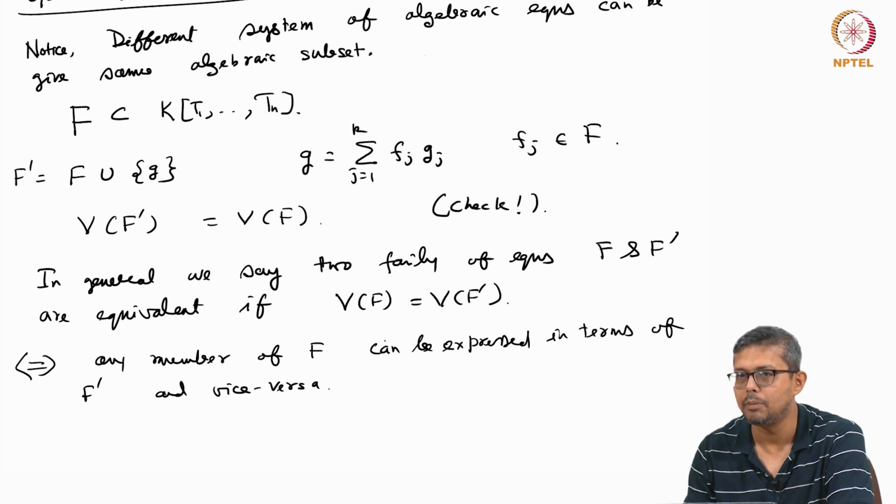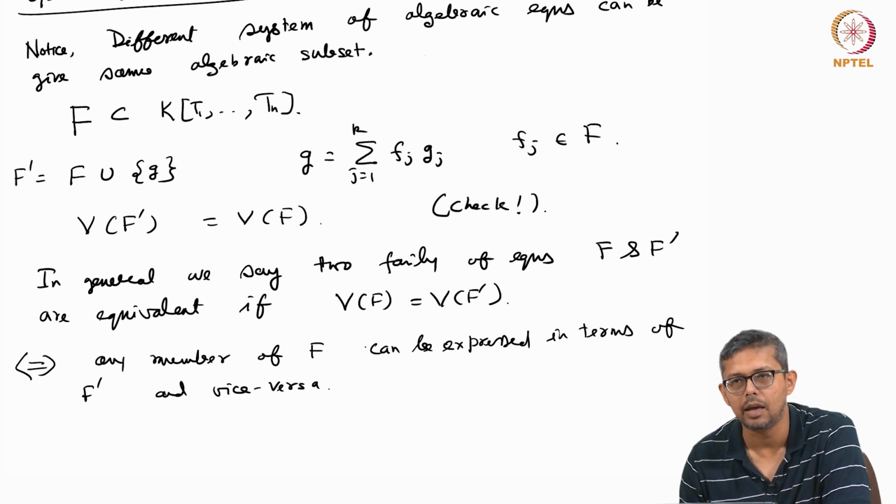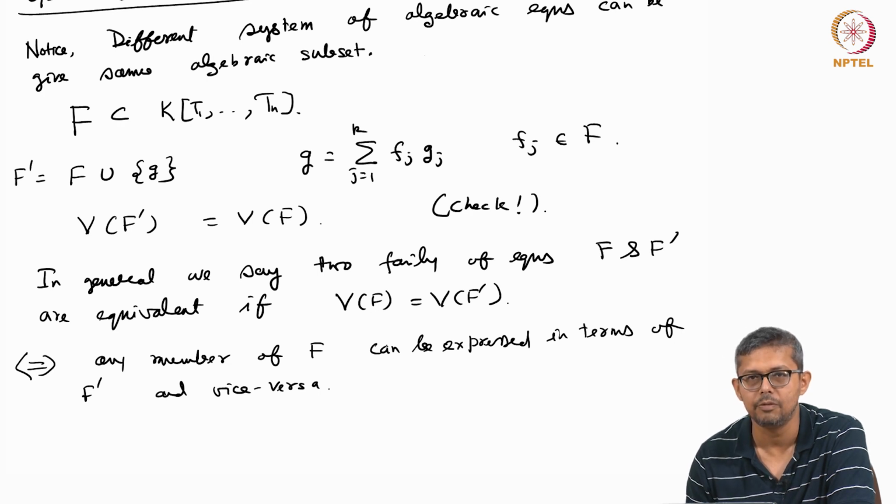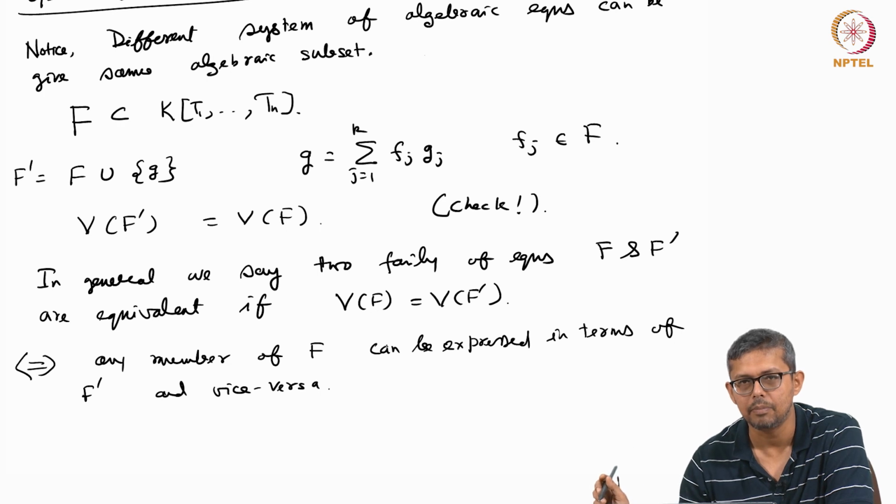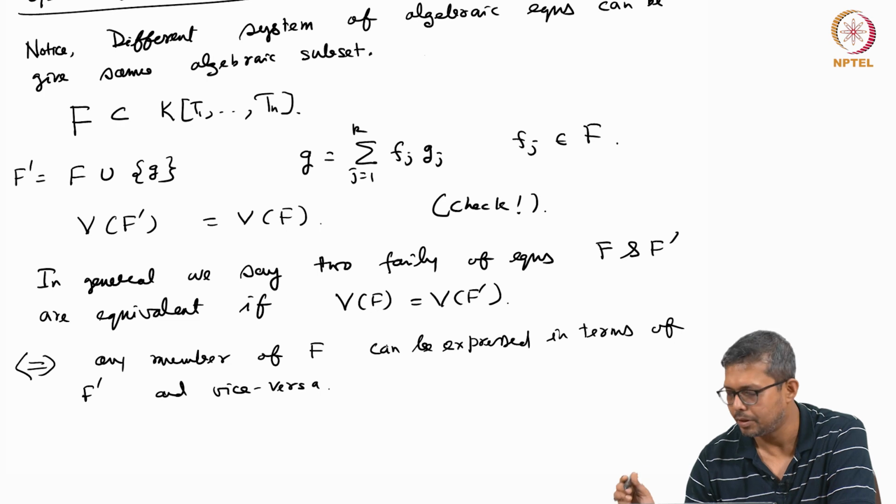That means if I take any element in F, I can write it as a summation of fj' gj', where fj' is in F prime. Similarly, any element in F prime I can write as a summation of fj gj. Okay.